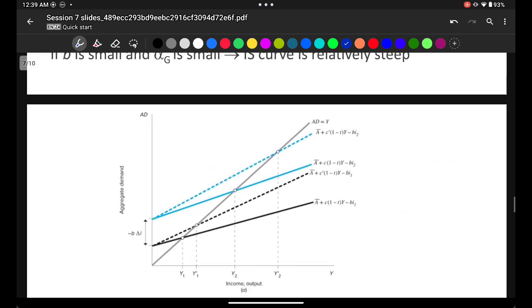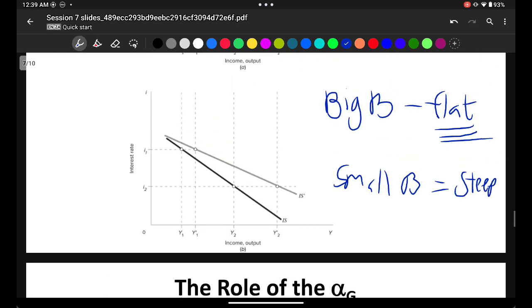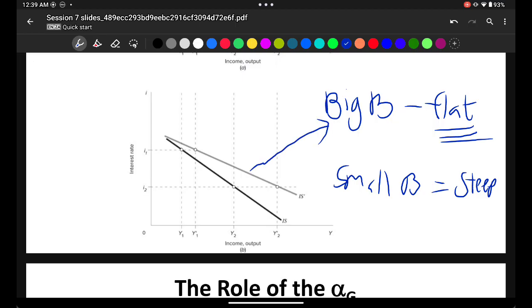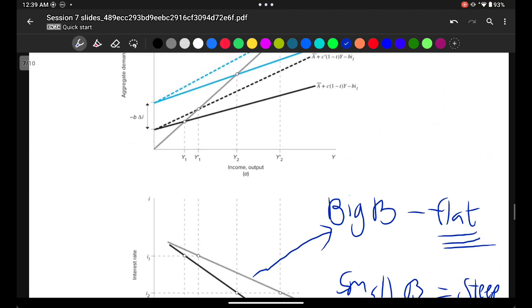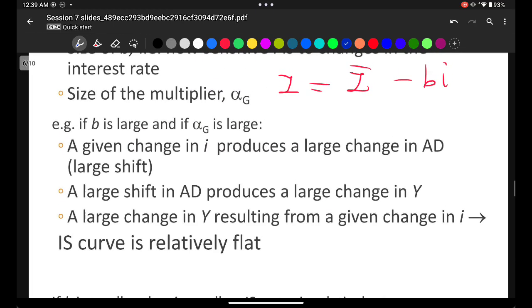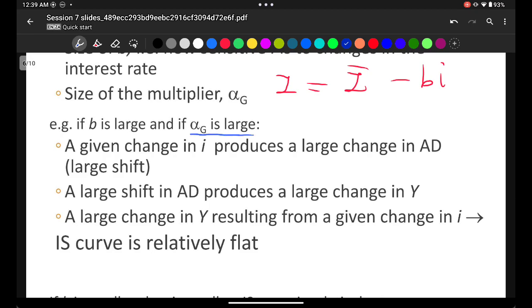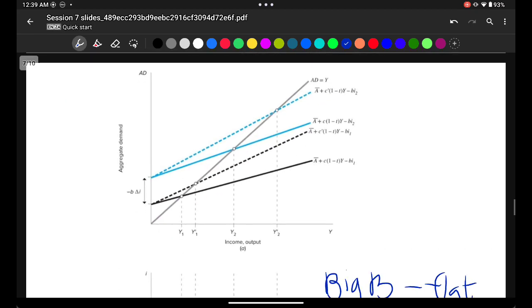Besides the actual aggregate demand curve, right? So this is flat. See this? So you can see this has a big B, and this probably has a small b, right? So yeah, and remember, if our multiplier is big, we're going to have a steep aggregate demand curve also.